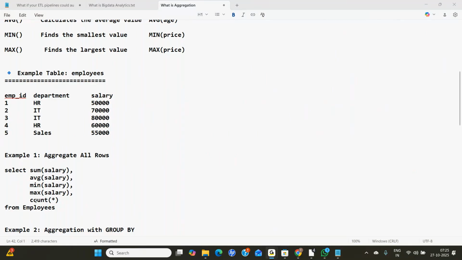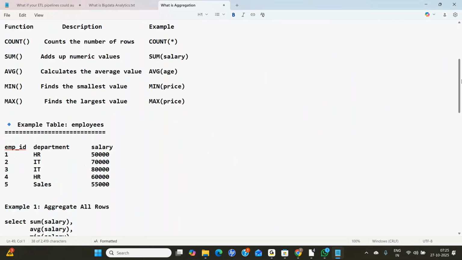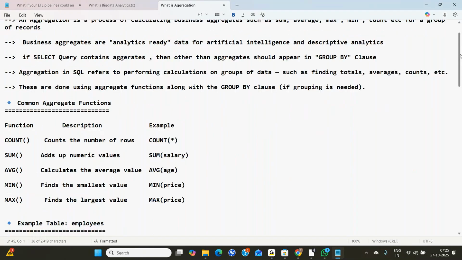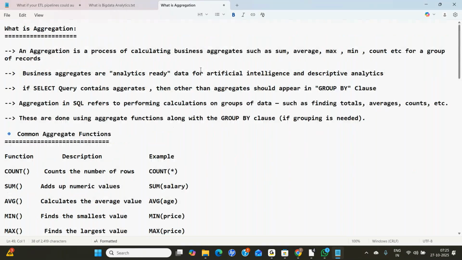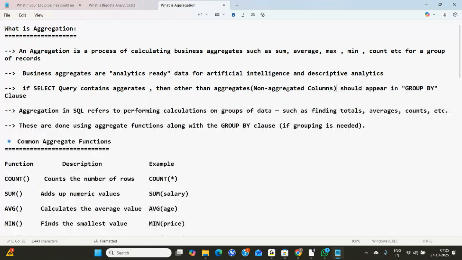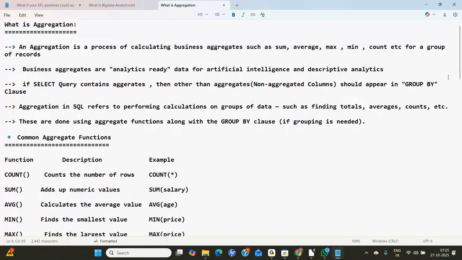So remember, this is a simple query. As per the thumb rule, other than aggregates, meaning non-aggregated columns, should appear in the group by clause.